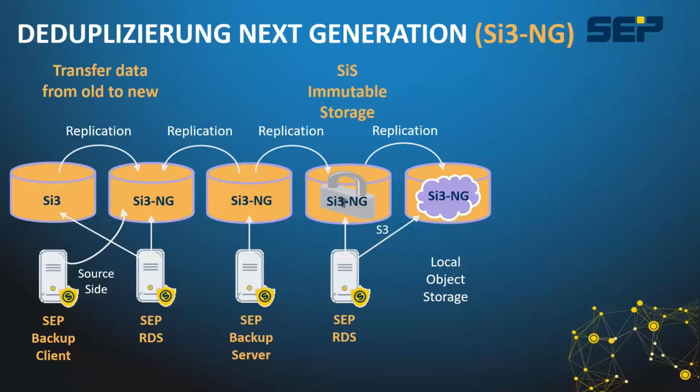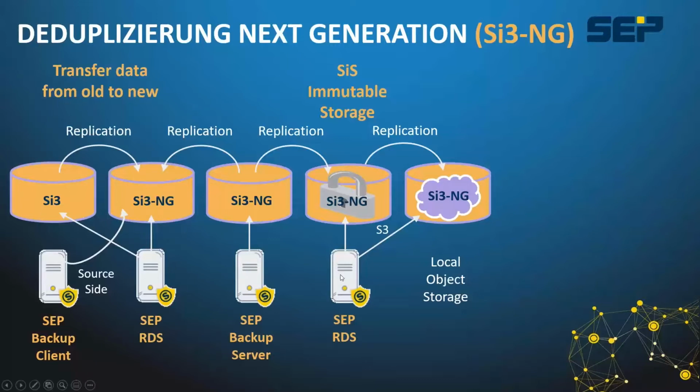Now then, we have new the S3 target, and as you have seen from the last slide, we already had some S3 connection, but now the S3 target, the bucket, is presented in SEP sesam as an SI3 NG deduplication storage, and so you can use it for direct backup to S3.